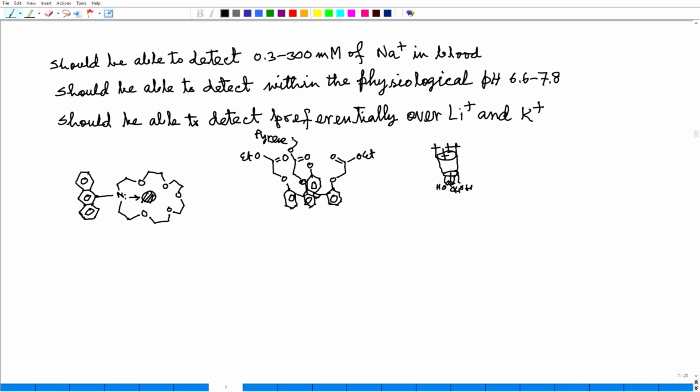Pyrene I am writing because it is very difficult to write so many things here. This is pyrene. So, this pyrene, okay. I am just explaining to you how this is done.